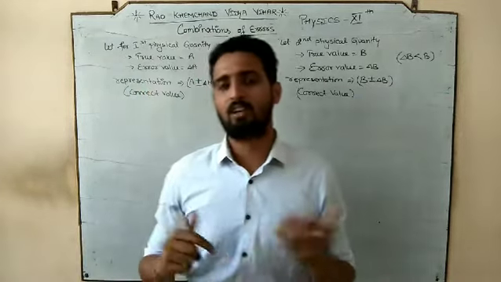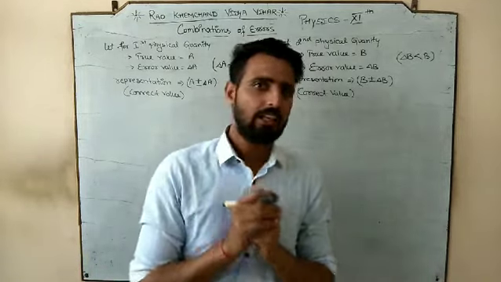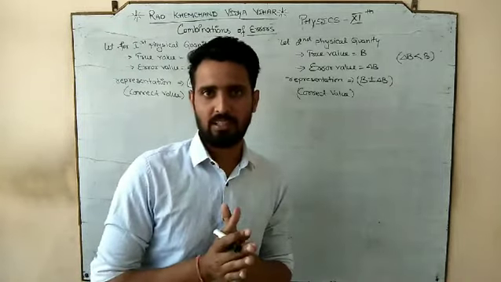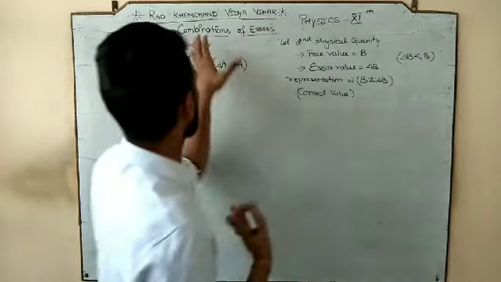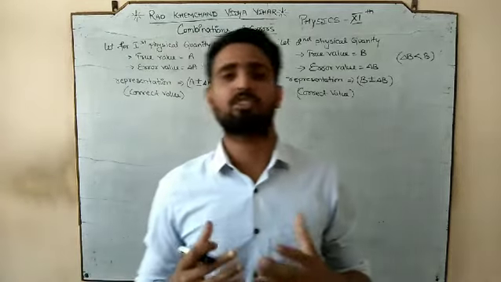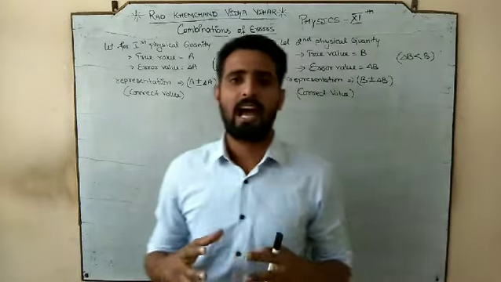Now we are talking about the net displacement. When we find the net displacement, we are going with combinations of the physical quantities. Most of the time, either we have to add.